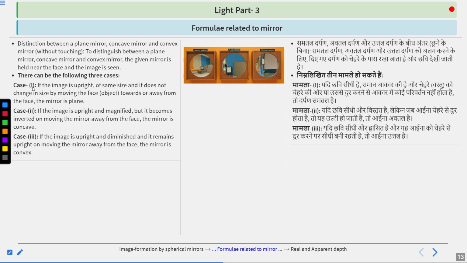Third: your image is upright but diminished, and when you move away, it does not get inverted but remains upright. That is the convex mirror. So that's how, without touching the mirror, by seeing the image only, you could tell whether the mirror is plane, concave, or convex.